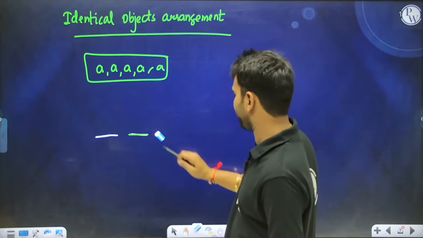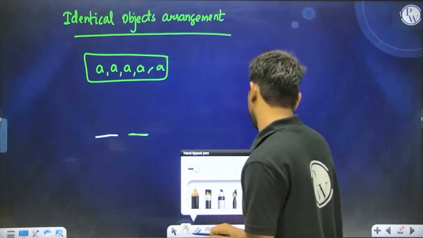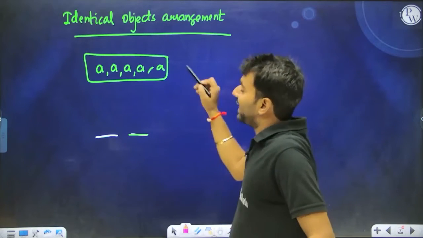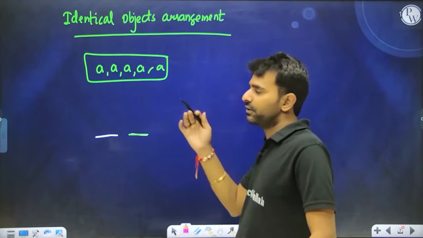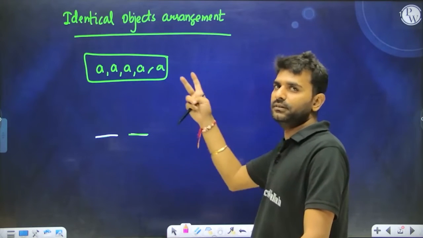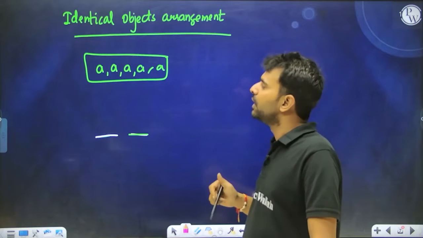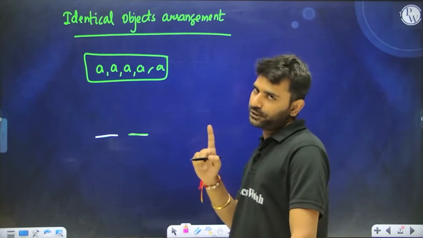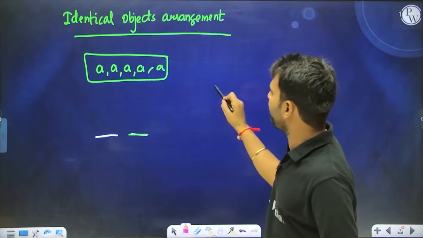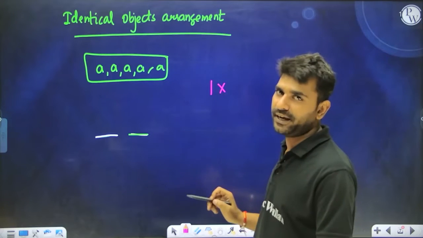How many ways of arranging these things is the question. Since more things are given to me, I'll first select any 2 out of these 5. In how many ways can I do that? Not 5C2, but the only way is 1, if you remember, right? So one way of selecting them, let's say I have got AA.